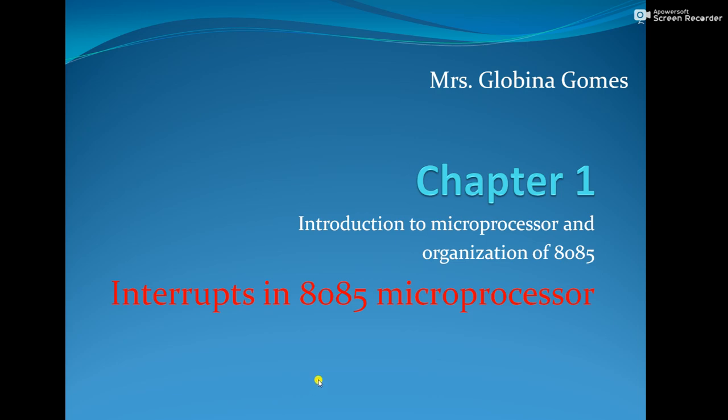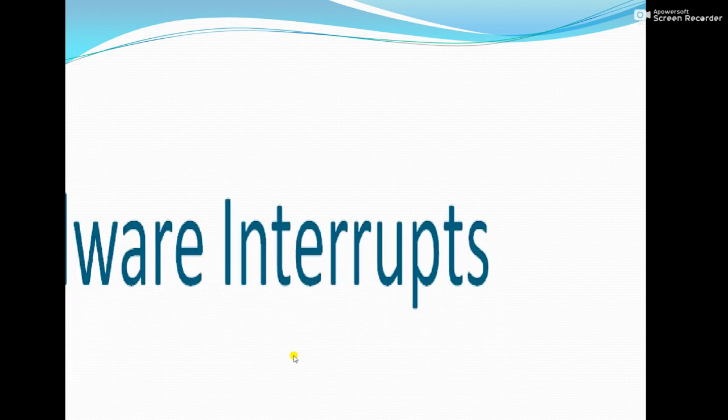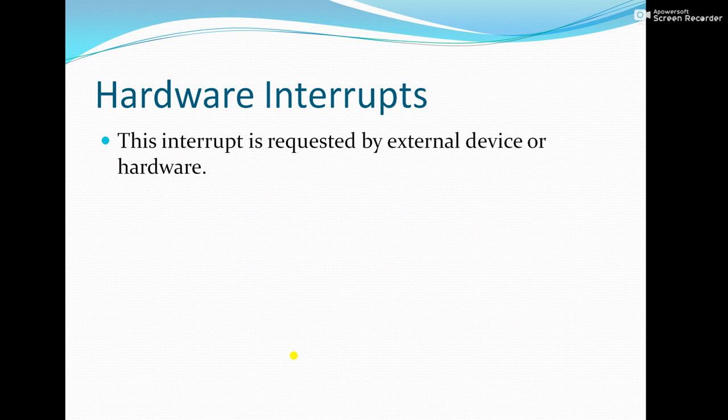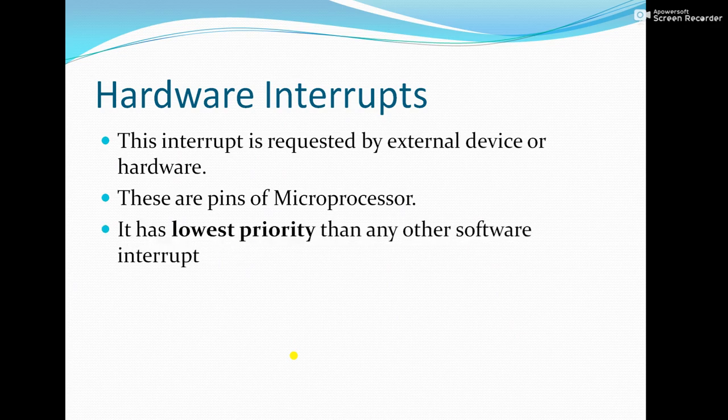So, we will start with hardware interrupts. This interrupt is requested by an external device or hardware. These are pins of the microprocessor. It has lowest priority than any other software interrupt.